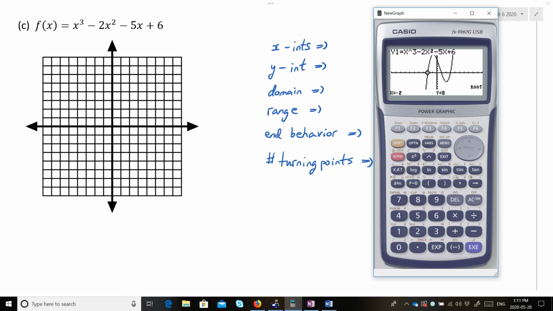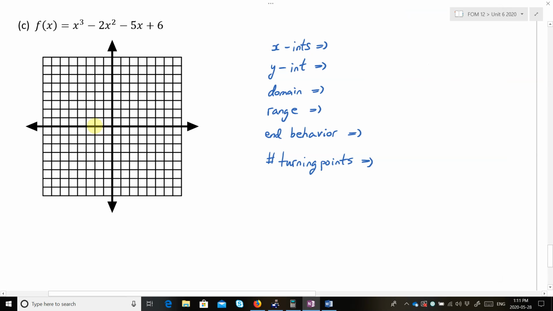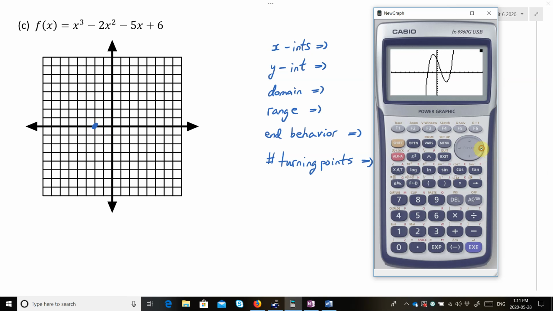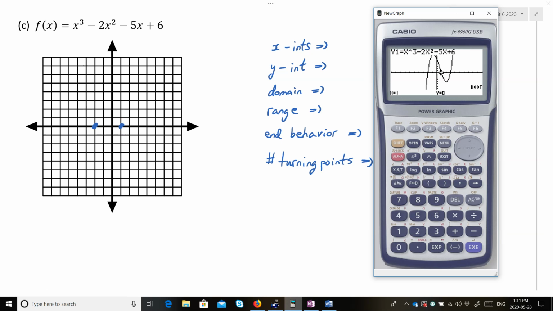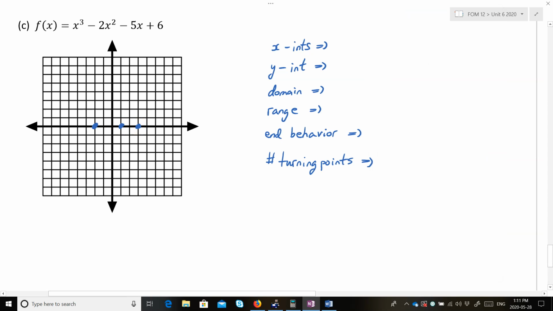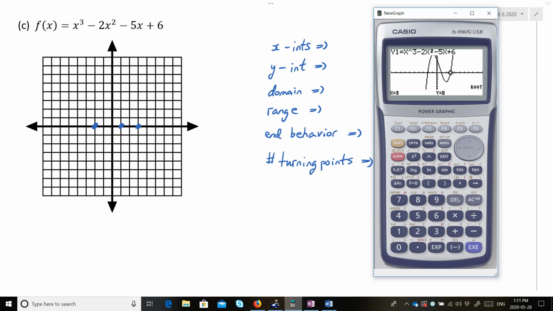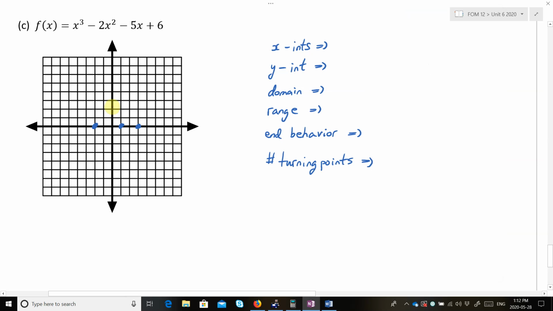So there's the first x-intercept at -2. And then I think you can arrow to the right, yes, and it goes to the next root at 1. And arrow to the right, and the next root is at 3. And let's go F5 for G-Solve again, F4 for the y-intercept, which is at (0, 6).